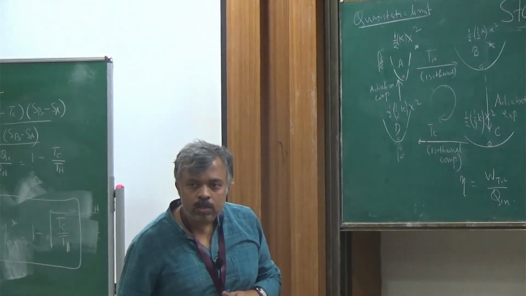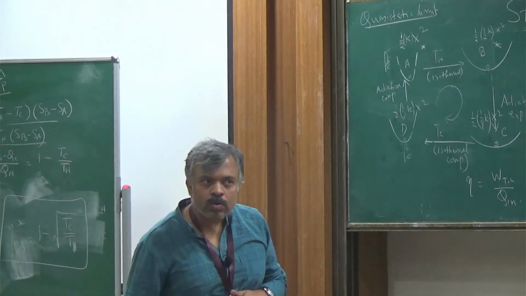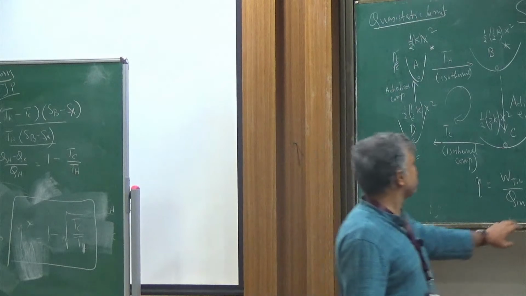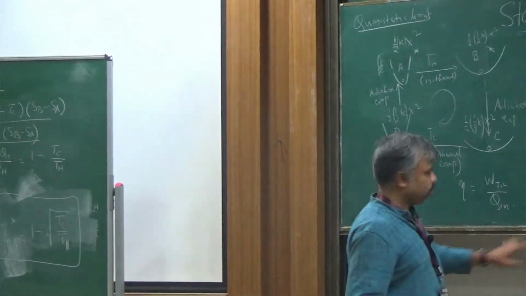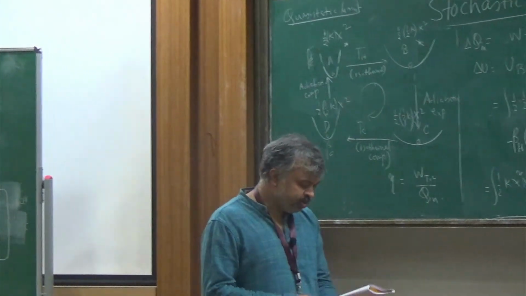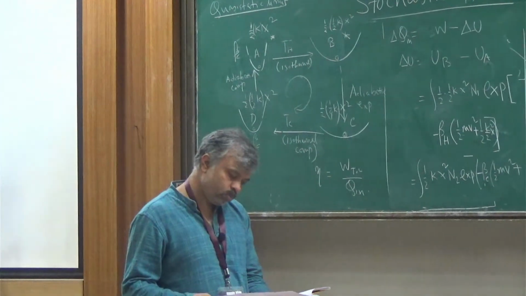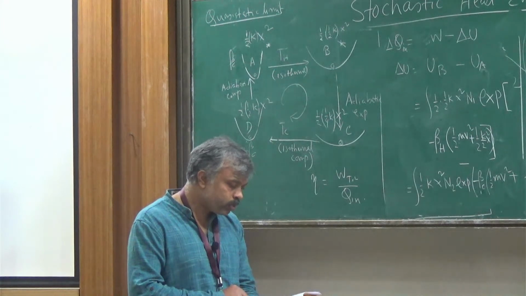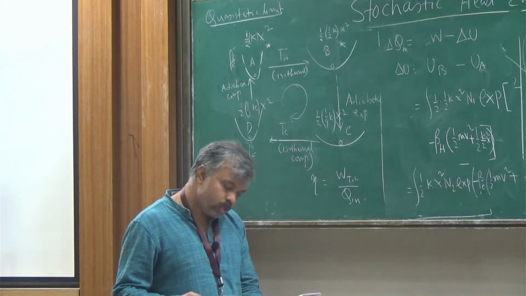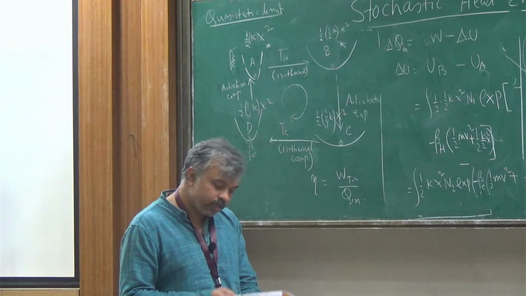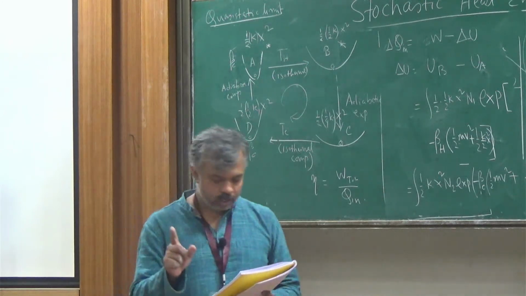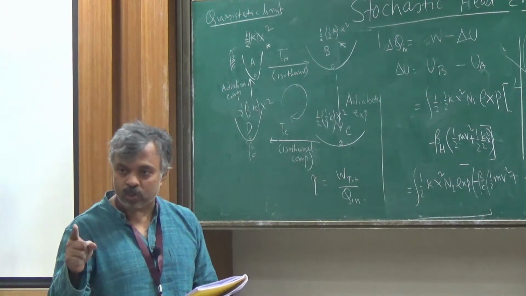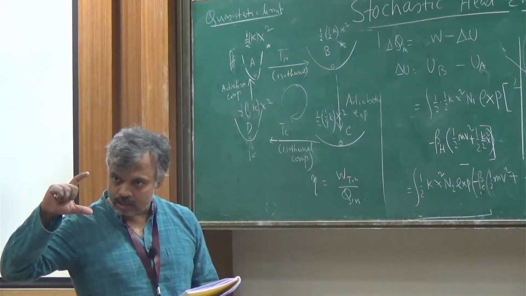Work along the adiabatic path B to C. Let me see. No, there was a difference: half K by 4 x square minus half K by 2 x square. Yeah, so there is a change.